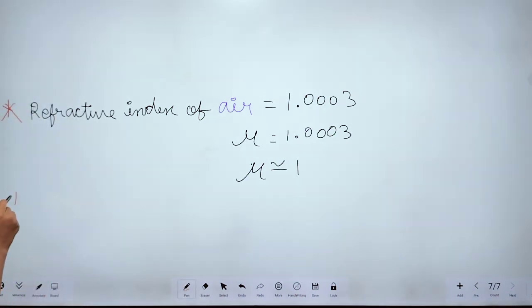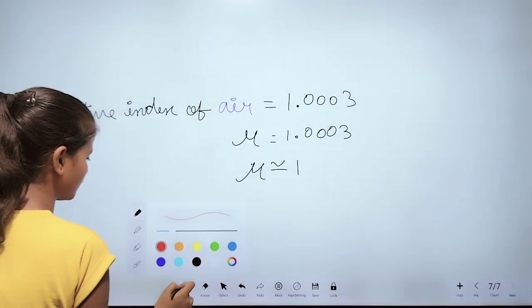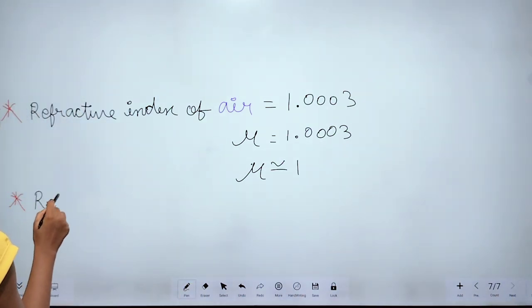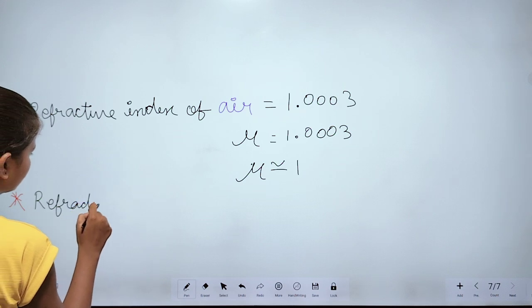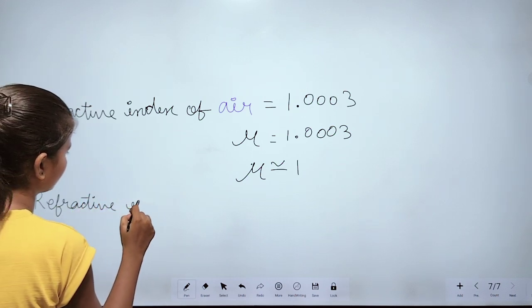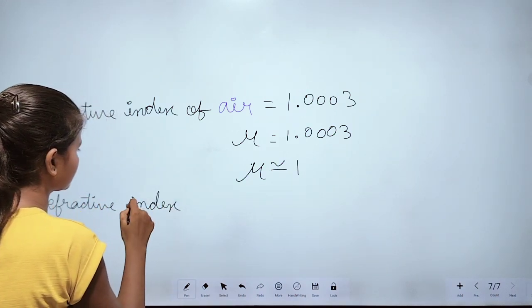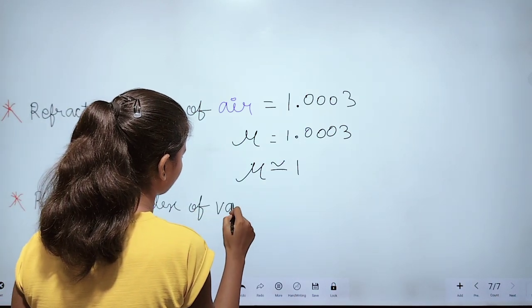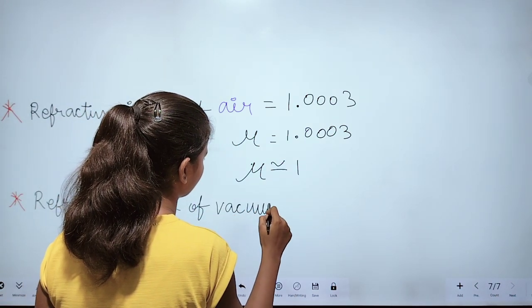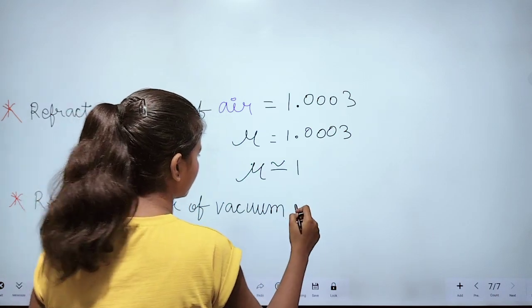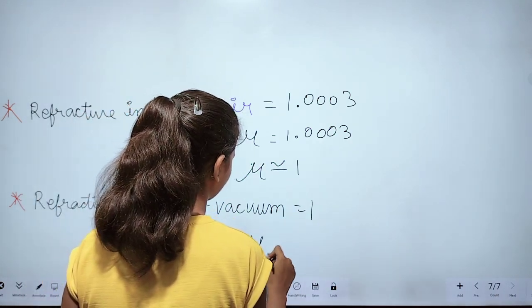Refractive index of vacuum is equal to 1. Mu is equal to 1.